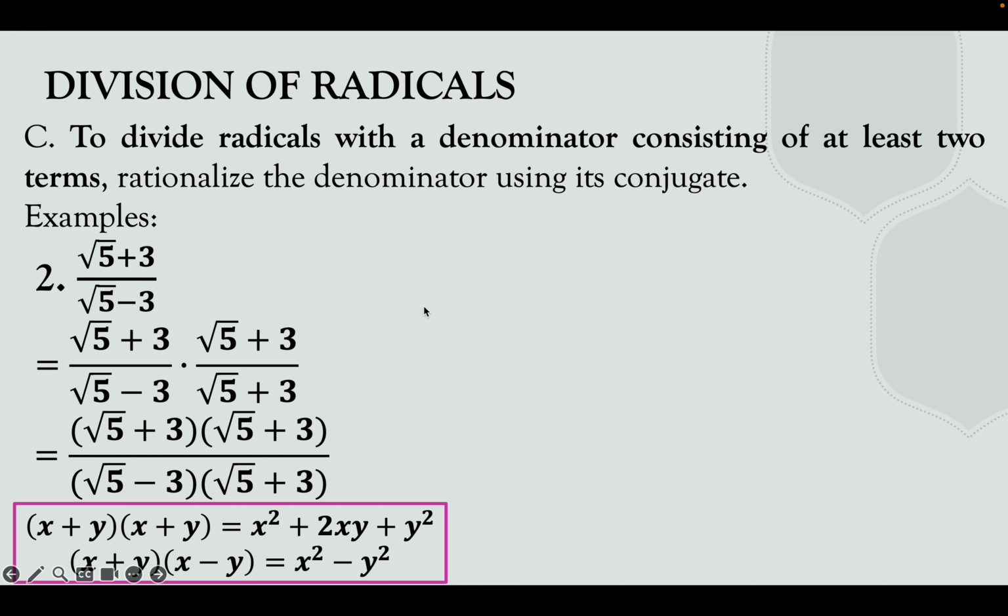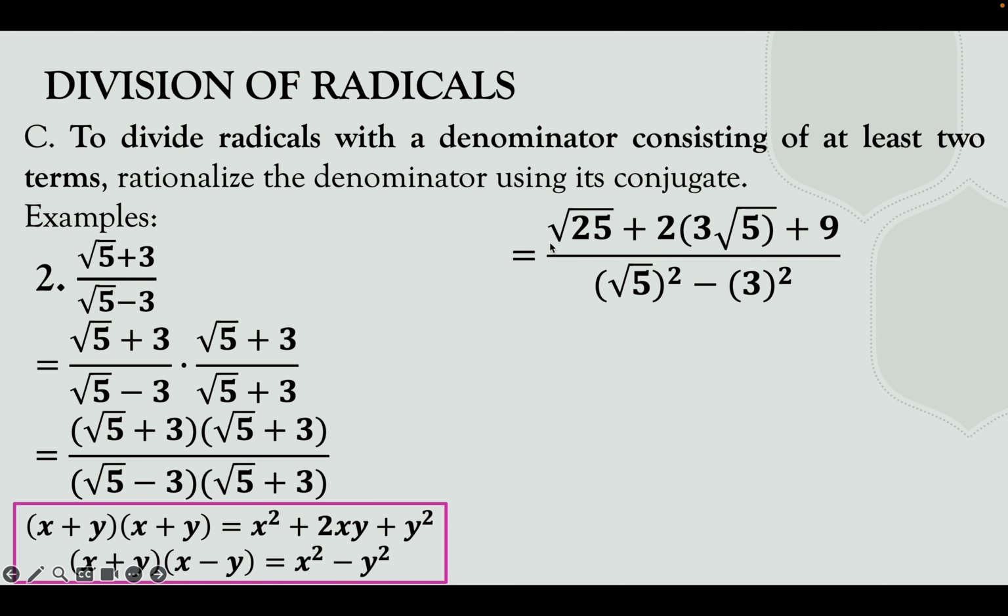So we have now square root of 25, since we have square root of 5 times square root of 5. And then 2 times the second term, 3, and the first term, square root of 5, plus 3 squared, that is 9, over square root of 5 squared minus 3 squared.